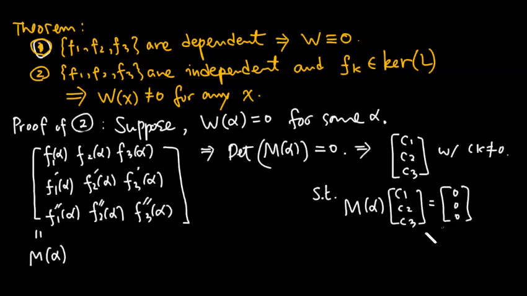If this happened with some non-zero entry, we conclude the determinant is 0, and with determinant 0, we also conclude that there exist non-zero 3 values.